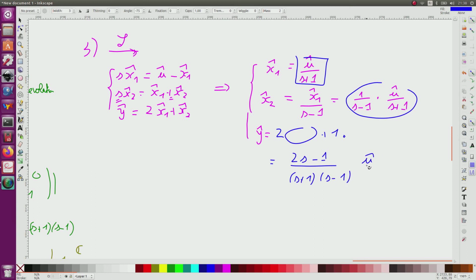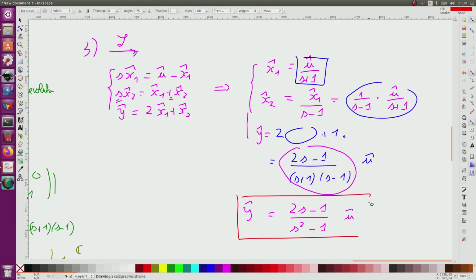As a consequence, this corresponds to the transfer function, and I can simplify like this: y hat equals 2s minus 1 divided by s squared minus 1 times u hat, and this is the transfer function H of s.